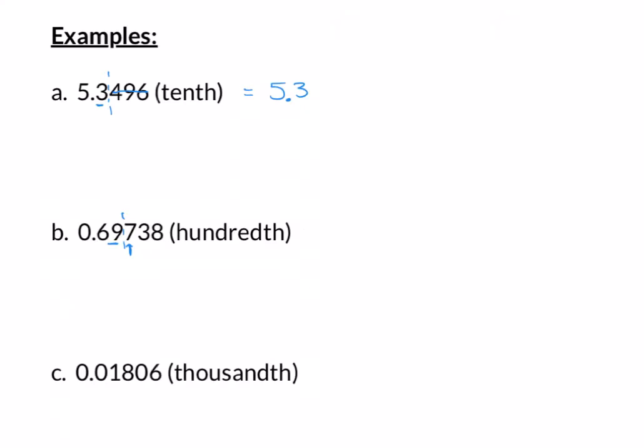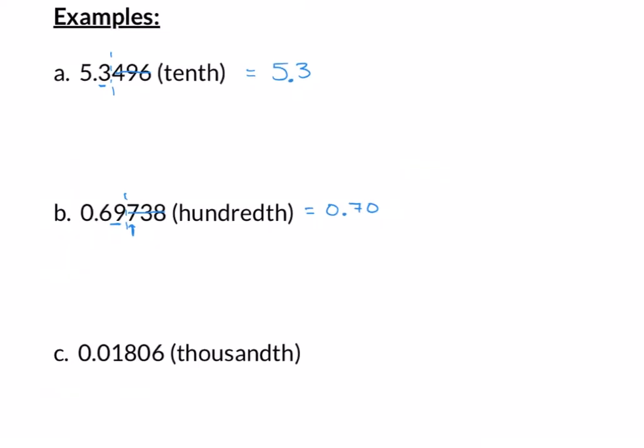So 0.69, if I round that up, that is going to be 0.70. Remember that we do want something in the hundredths column, so I do have to include that 0. And then we discard all of the digits to the right. So my final answer is 0.70. Now, even though 0.7 and 0.70 are the same, remember to include the 0.